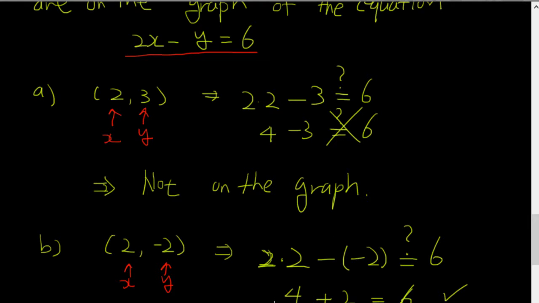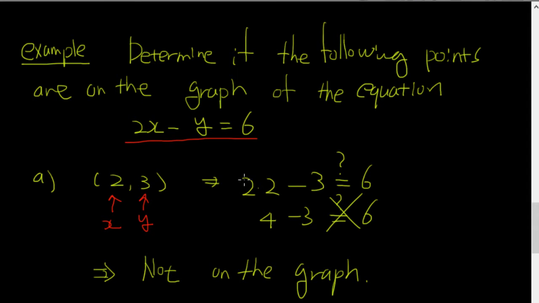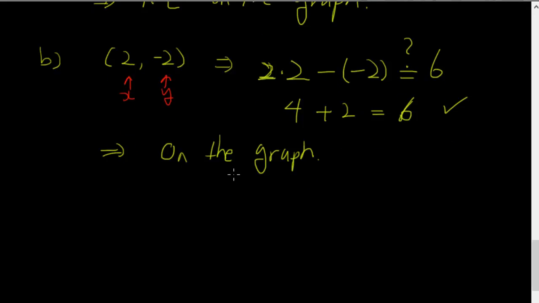This is a typical setup of an example. They give you an equation and see if the given points fit in. All you need to do is substitute the point, and that's it.